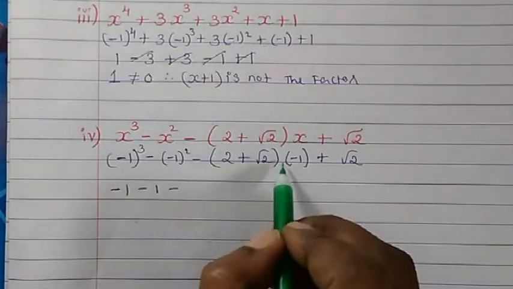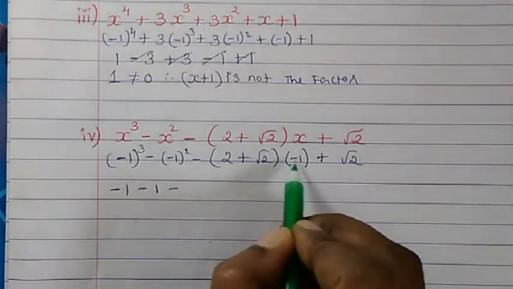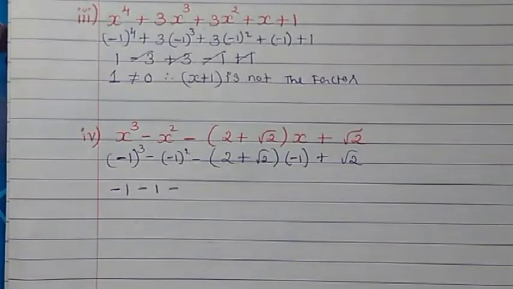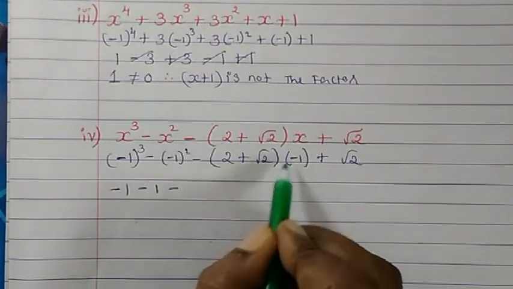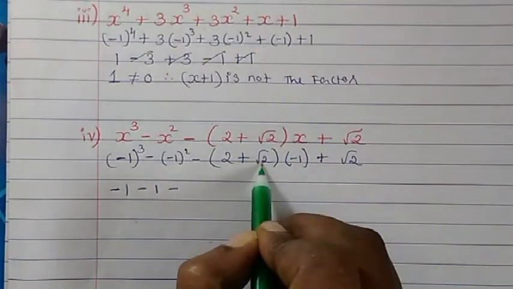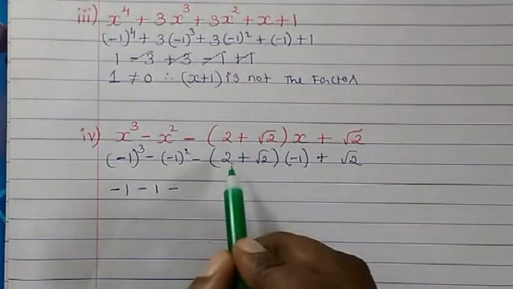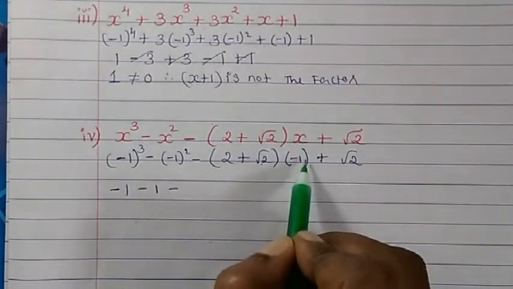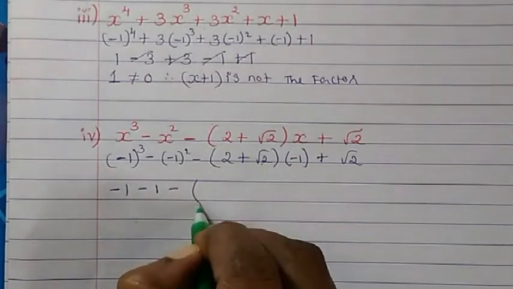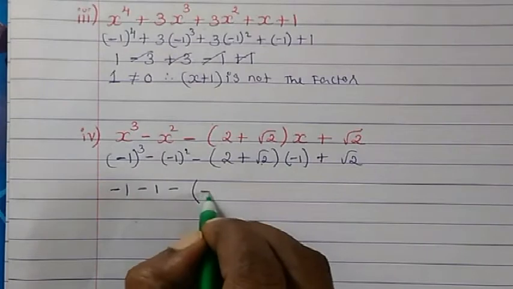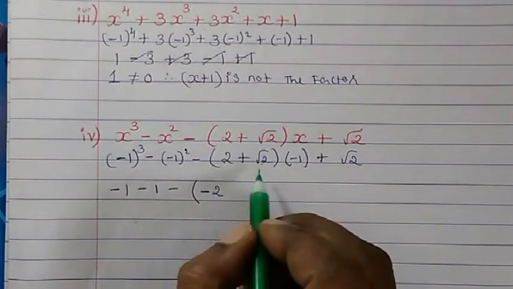Now inside the bracket, what is the meaning of these 2 brackets? Between them we say it is a multiplication. So with this minus 1 we will multiply 2, and with this minus 1 we will multiply root 2. Or we can say with 2 we multiply this, and with root 2 we multiply this. So keep it inside the bracket only. 2 into minus 1 will get minus 2.